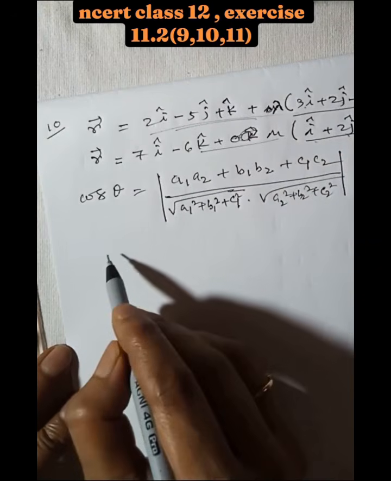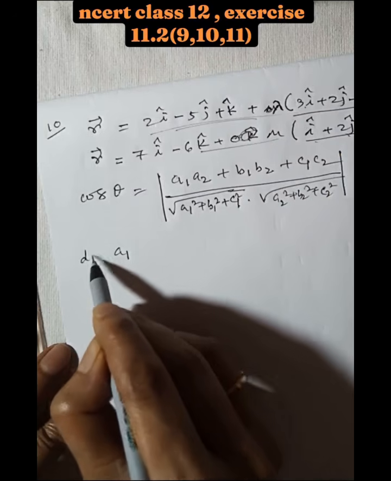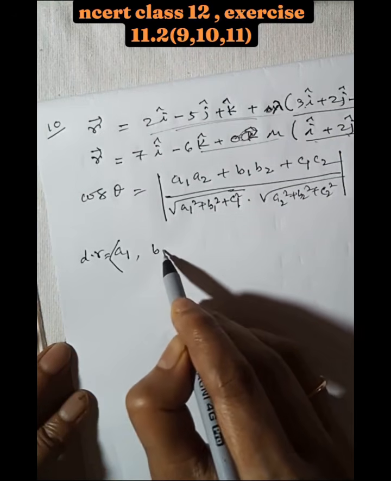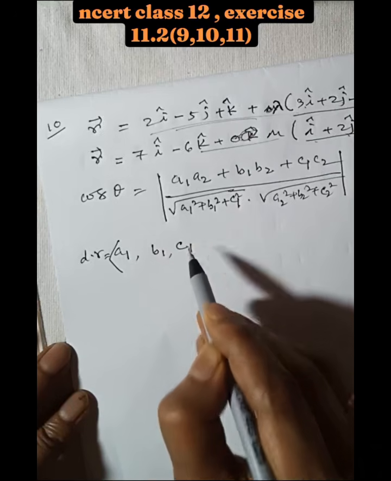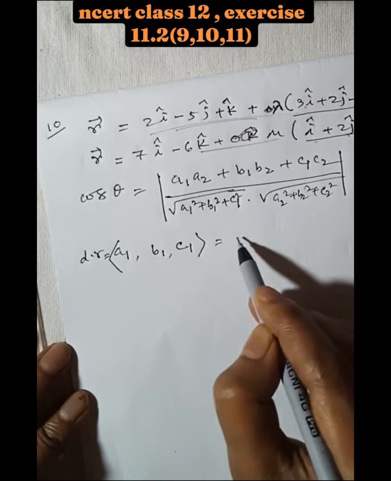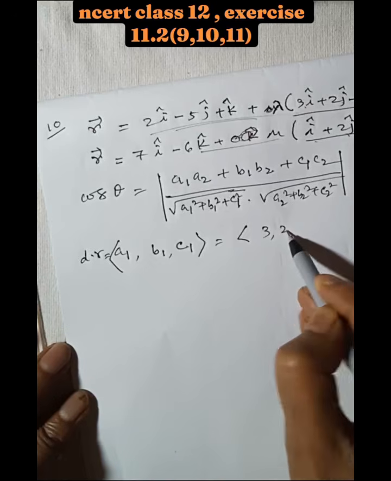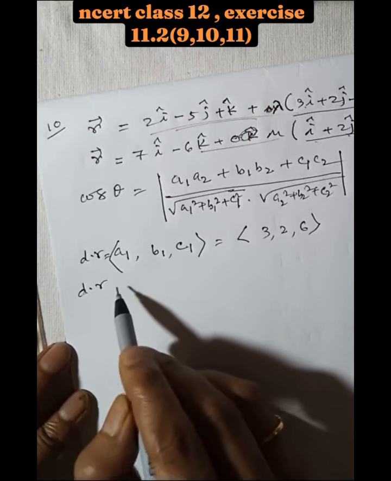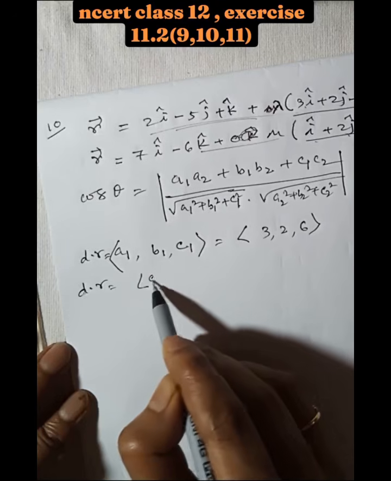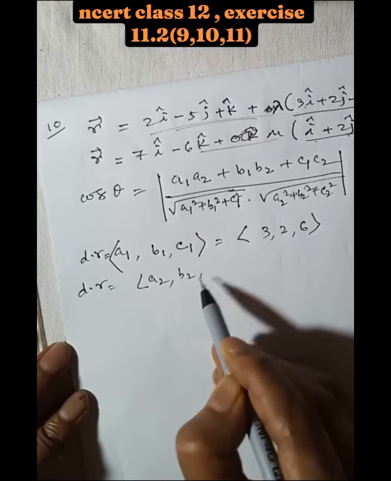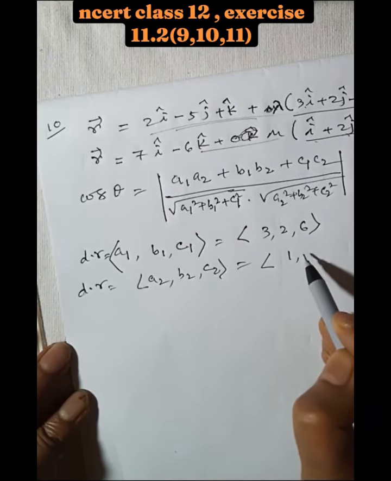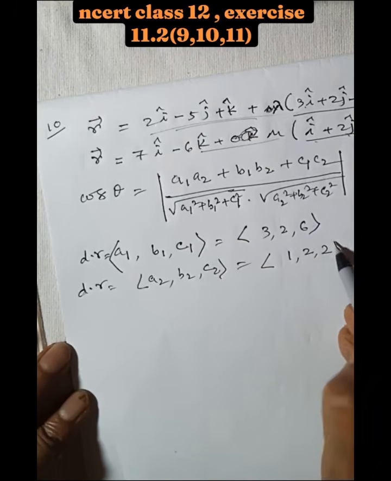Here the direction ratio of the first line, a1 b1 c1, is 3, 2, 6 and the direction ratio of the second line, a2 b2 c2, is 1, 2, 2.